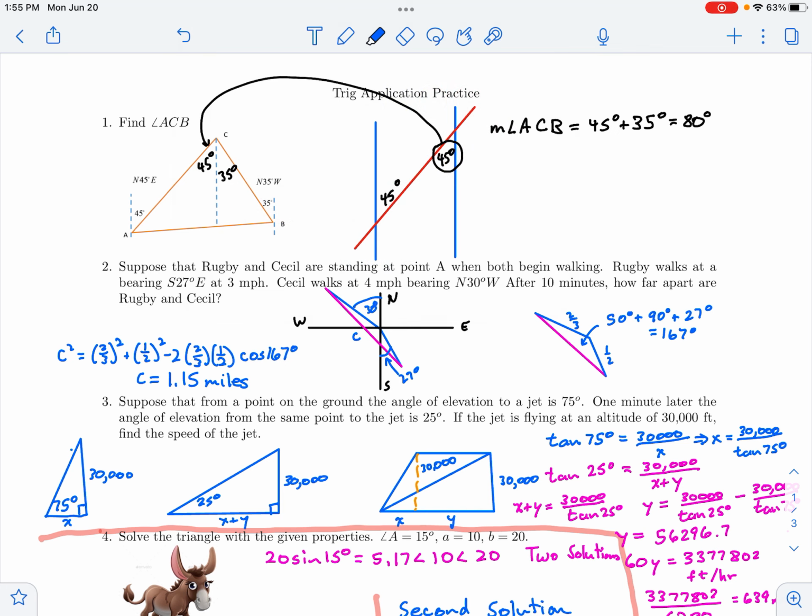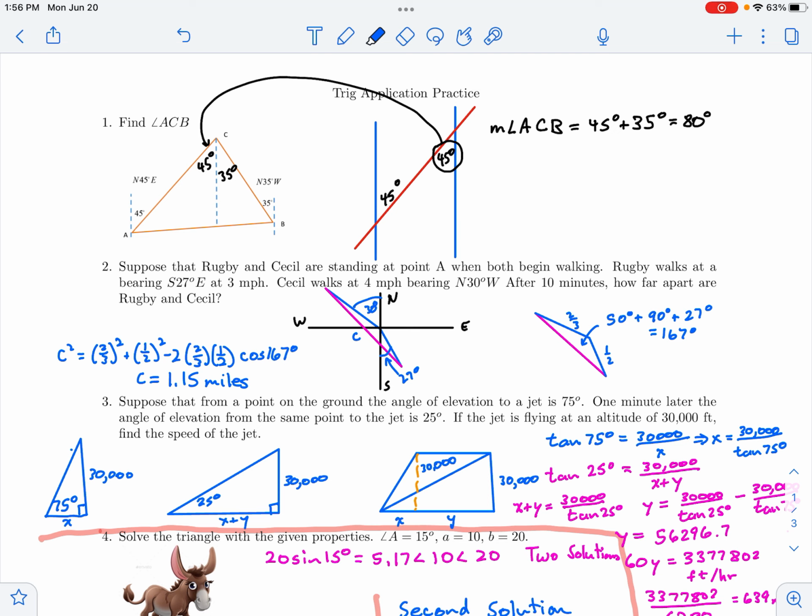He's going this way, and this angle here is the 27 degrees. And then Cecil walks north 30 degrees west. So actually, I should say 30 degrees west of north, and that would be this angle right here.